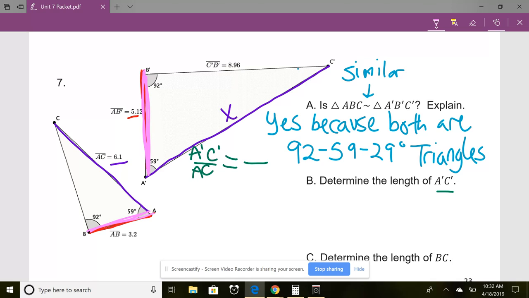If the prime is on top, that means the prime has to be on top of the other one as well. So we use the 5.12: A prime, B prime goes on the top, and the side similar to that, AB, goes on the bottom. It's important when you're putting numbers on the top or on the bottom.